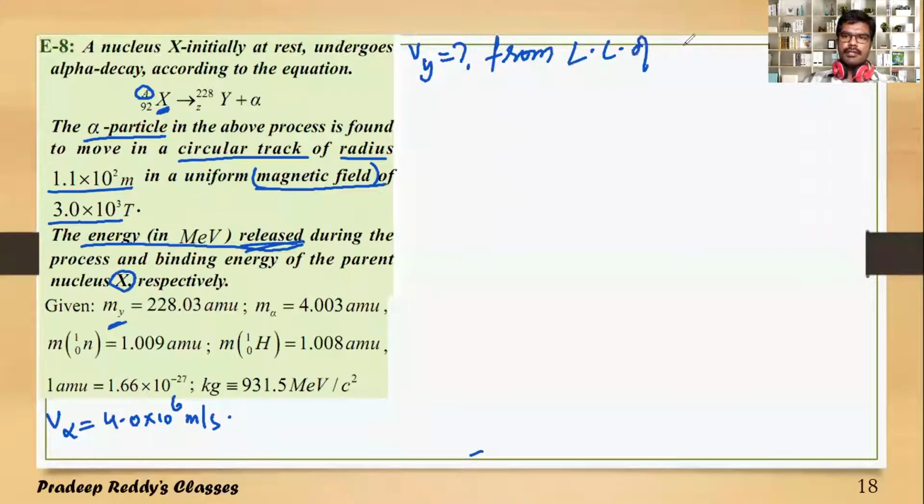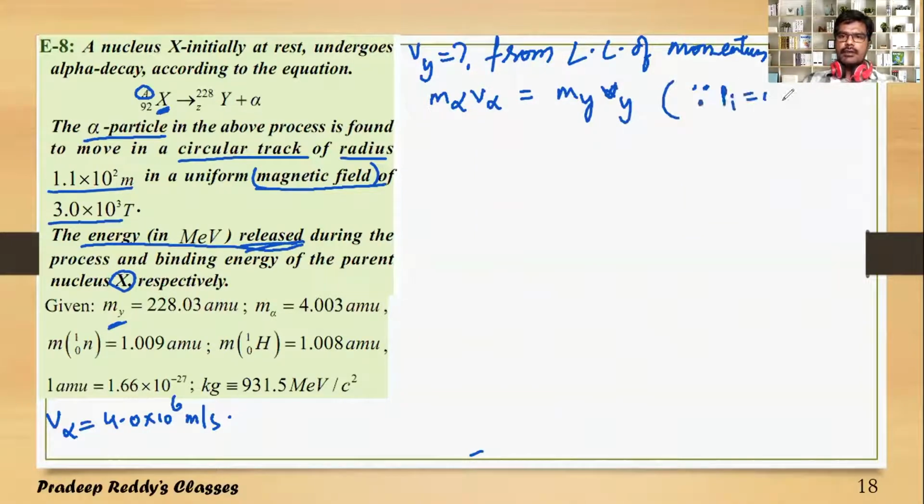Law of conservation of momentum, we can just write it as mass of alpha particle into velocity of alpha particle should be equal to mass of Y into velocity of Y. Since P initial is equal to 0, P final definitely will be equal to 0. P final will be equal to mass of alpha, velocity of alpha, plus mass of Y, velocity of Y, and that should be equal to 0.